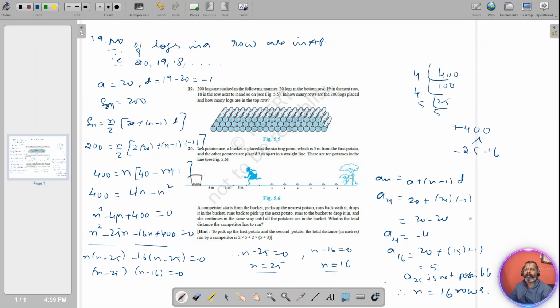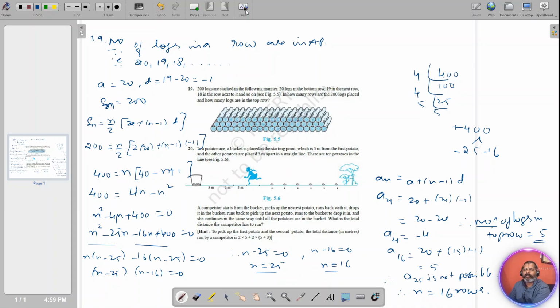Just write the number of logs in the top row. Logs in the top row is 5. It means 5 logs in the top row, then 6, 7, 8, like that it will come, and at the end the bottom row will have 20 logs. Okay.